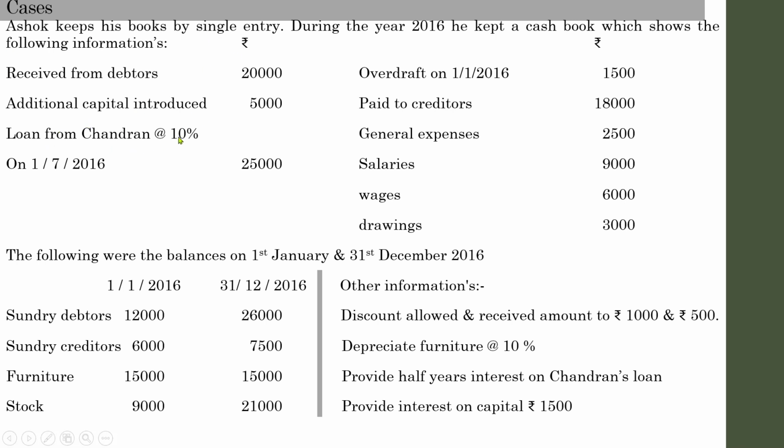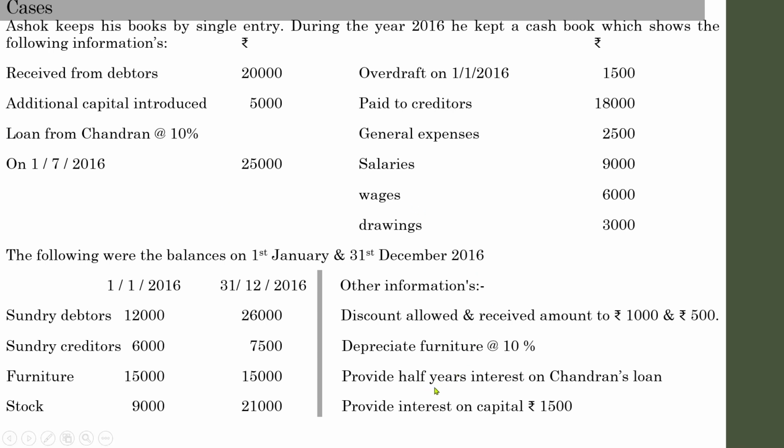Next one, loan from Chandran at 10% on 1/7/2016, an amount of 25,000. Remember, whenever you acquire a loan from someone, whenever you get a bank loan, whenever you borrow money from creditors or suppliers, if a percentage rate is given, it means that there is some interest that has to be paid.